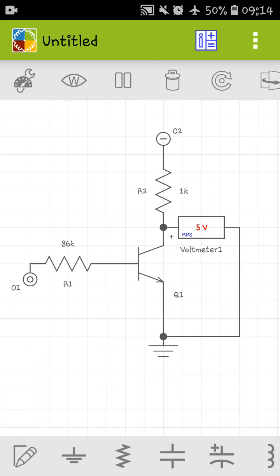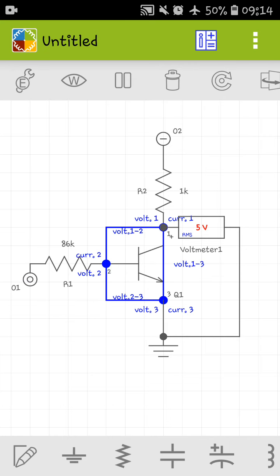5 volts. So why does 5 volt occur at output when 0 is given here? Let's understand it. When 0 is given here, the transistor is in off state because it needs 0.7 volt to turn the transistor on.